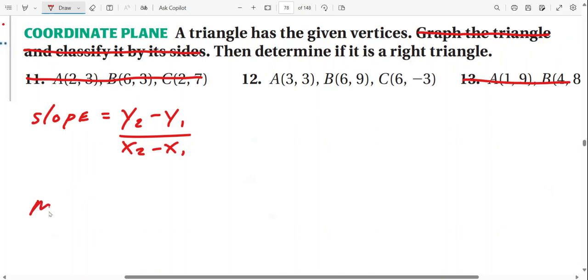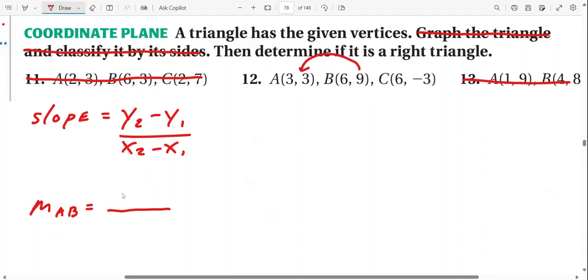All right. So first, let's do the slope of AB. So how would I do that here? Yes, Liz. Go ahead. 3 minus 9 minus 6. Very good. You can subtract either way as long as you do them both the same. I try to keep it positive, so I would rather do 9 minus 3.